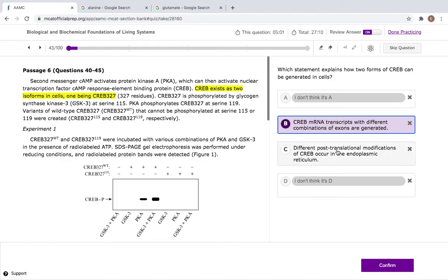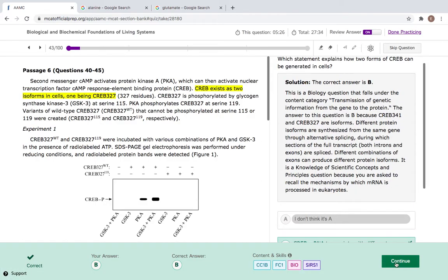And also, post-translational modifications in the endoplasmic reticulum? That's not a good answer. This is the best way that you have isoforms of proteins, not through endoplasmic reticulum modification. Isoforms is made from alternative splicing, so I'm going to go with B. That's my answer. Boom, let's go.